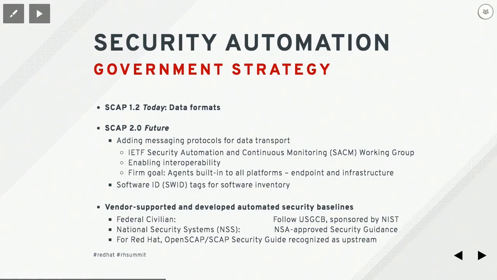And so the other related question is, well, how about the baselines themselves, right? So Red Hat, Sean, you may want to talk about this with regard to the federal civilian use case. Yeah, so one of the things we've ended up doing is, as Jeff mentioned, the expectation is that the vendor will author configuration guidance for their products. So like a security guide for RHEL, a security guide for JBoss, and so forth.